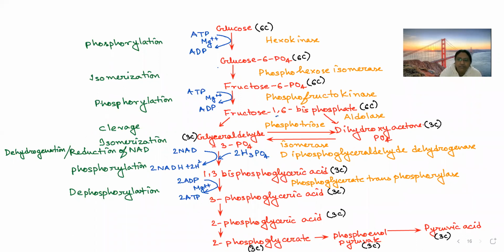So here we will talk about the next reaction. 3-phosphoglyceric acid will be converted into 2-phosphoglyceric acid. The enzyme useful here is known as phosphoglyceromutase.